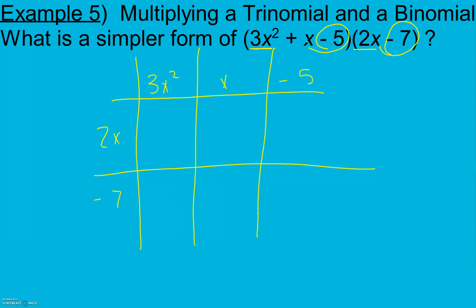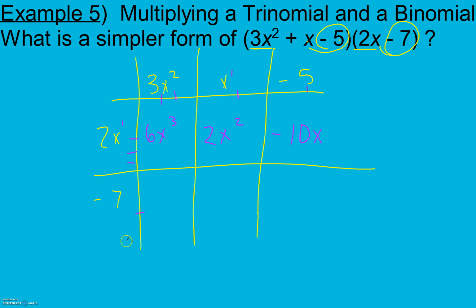So we take one piece from our column times the row that makes that square. So here I have 3 times 2 is 6, x cubed. Add your exponents there. X times 2x, 2x squared. Negative 5 times 2x, negative 10x.